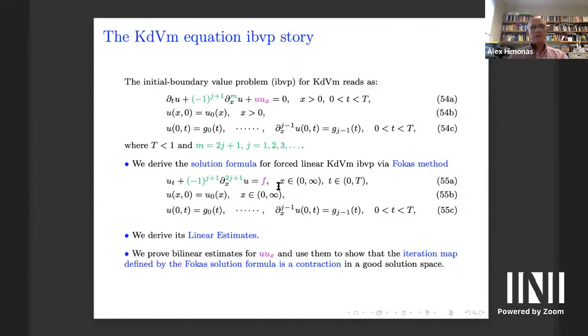Solve the first linear problem, which here will be more challenging because of the higher order, and then use it to derive linear estimates, and the Bourgain norms will change. The dispersion is different, so in the Bourgain norms, the cube will become the power m, and follow. And this is what we do here.